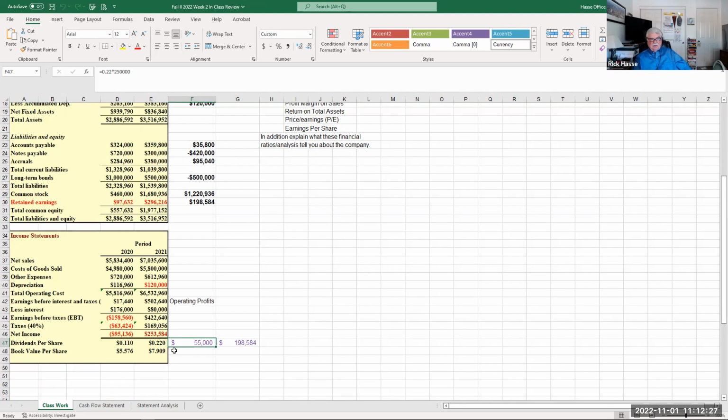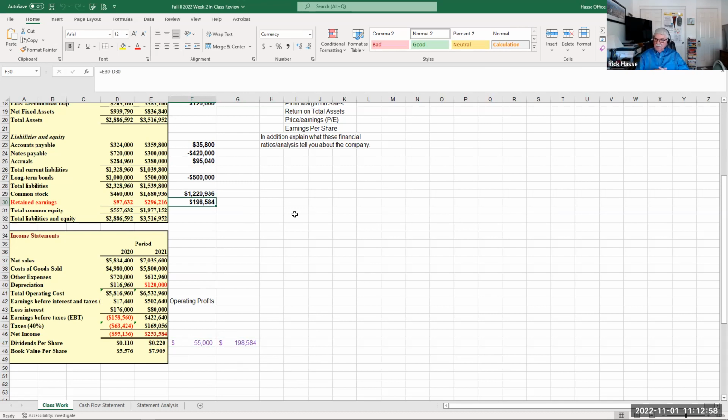So they paid out of that $253,584, $55,000 to the shareholders of record at the end of 2021. I'm sure they like that. Thus, the net difference between profit, $253,584, and dividends paid out of $55,000 is $198,584. And as you can see, that's the overall change in the retained earnings balance for 2021.